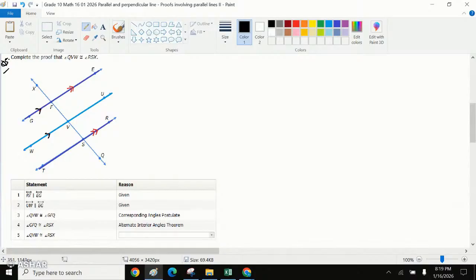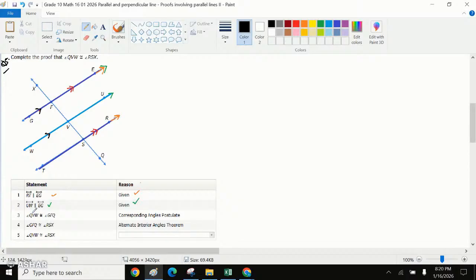Okay, what they are saying is, 1 minute please, let me just have a look. RT and EG. Where is RT? RT and EG. Yeah, they're parallel lines. This line is parallel to this line, right? The next one is this UW. This line is parallel to EG, is also parallel to this line. That means all 3 lines are parallel to each other.